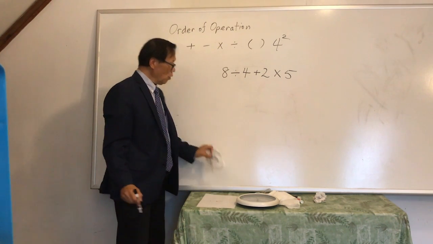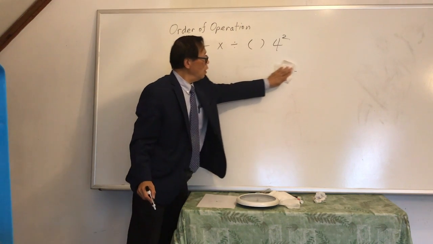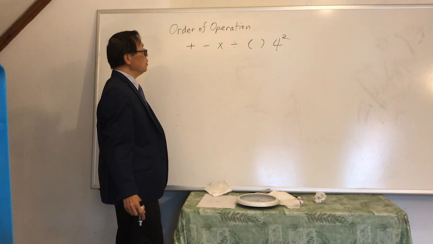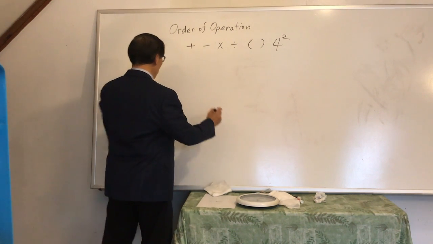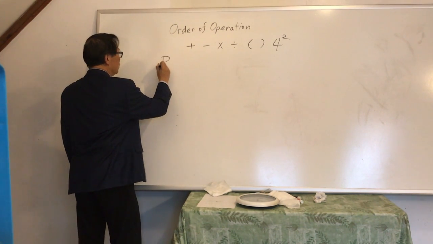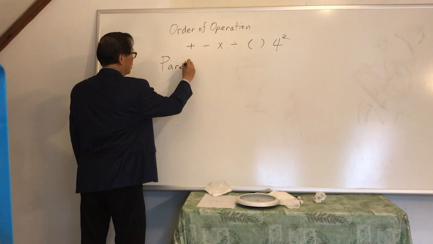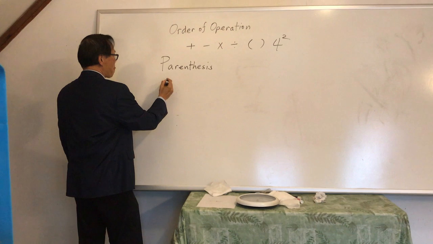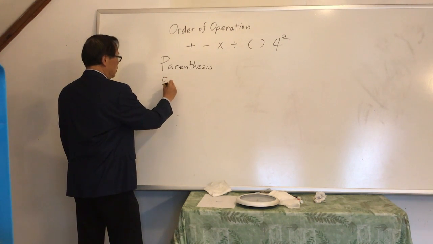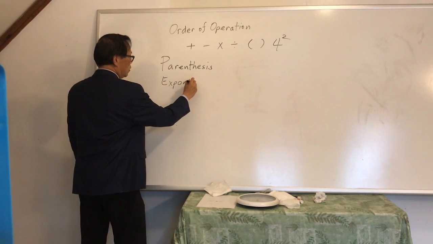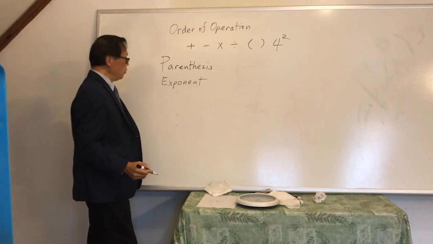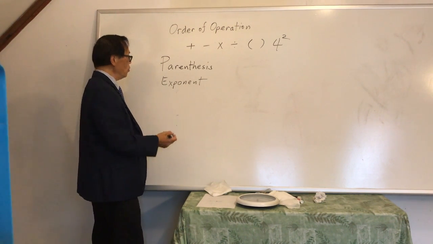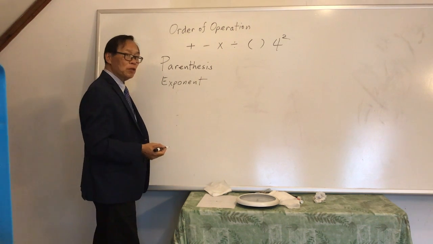Okay, so the order of operation, when you see a lot of these symbols, is going to be parentheses first, and then exponent. Now many of you might remember from your elementary school, you have a rhyme to go with this.